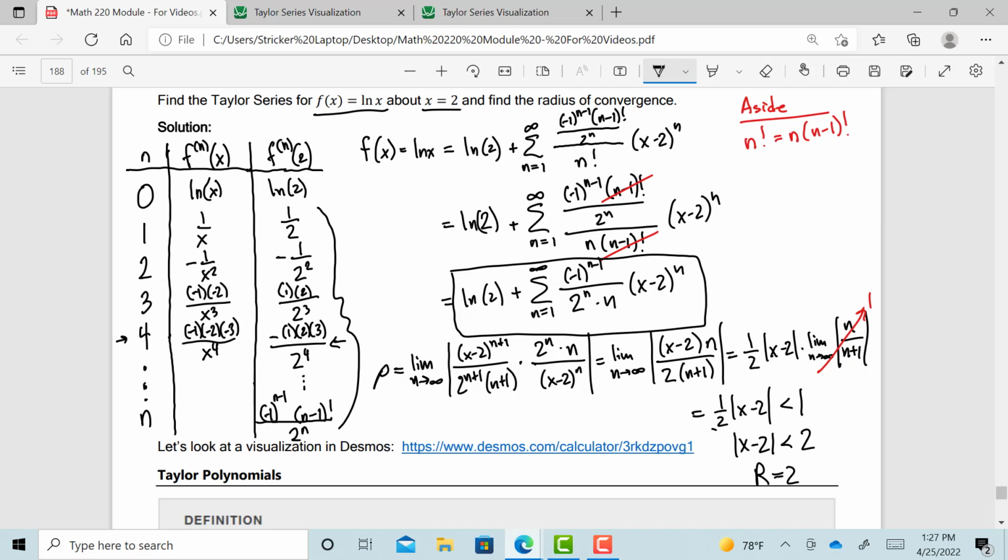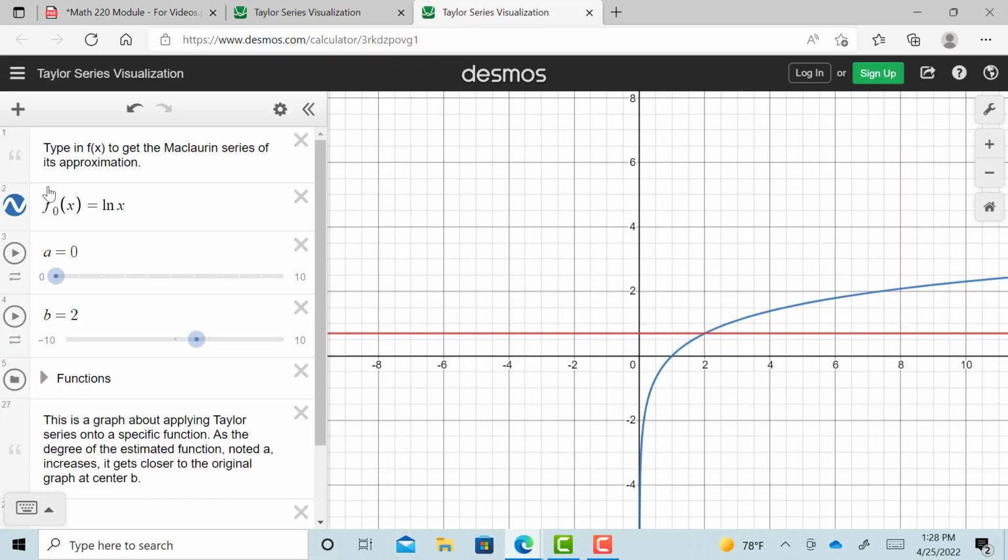Since our center is at 2, the interval of convergence is going to go from 0 to 4. And just for kicks, let's see what that looks like again in Desmos. So we have our ln function. Notice I put my center over here. B value is 2. And remember, our interval is going to go from 0 to 4.